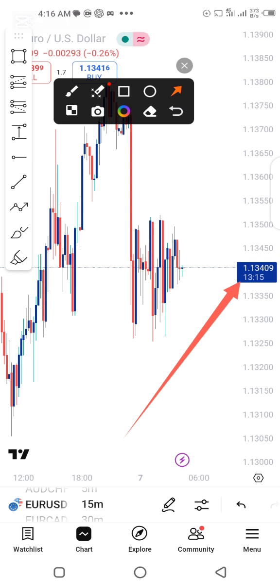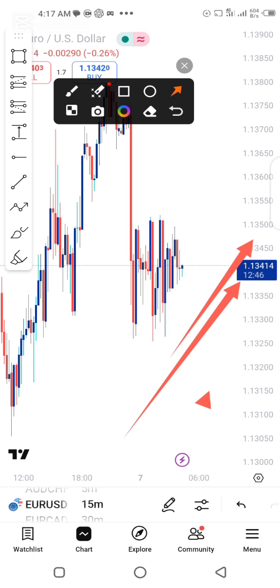If this market currently has 1.13409, moves to this level, which is 1.13450, how many pips did it move?